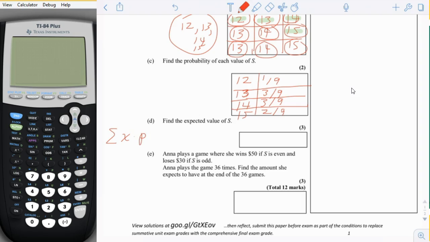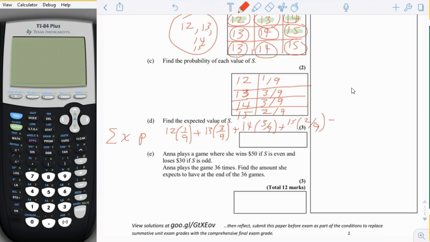So I'm going to do 12 times 1/9 plus 13 times 3/9 plus 14 times 3/9 plus 15 times 2/9. And so we can do that on the calculator if we want to.